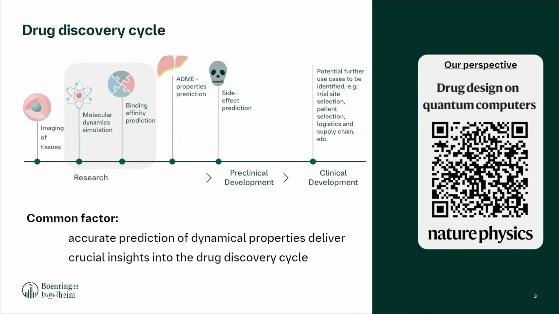So today I'll be talking about these two, and what's basically the common factor there is that you want dynamical properties. So you want properties of many different configurations of your molecule and your protein. You want properties at finite temperatures in the body.